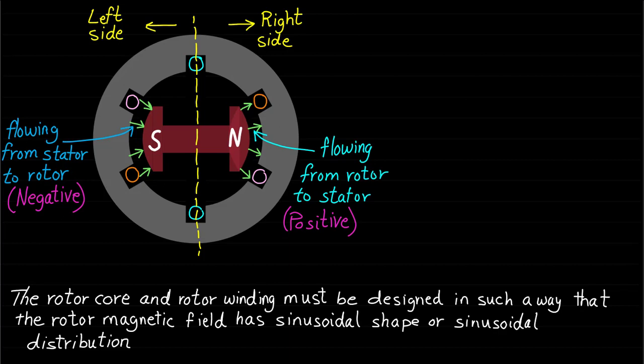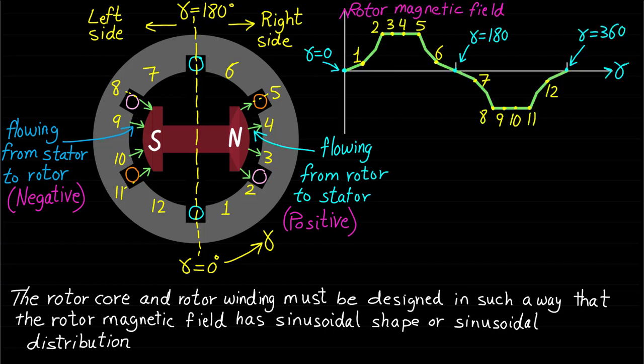Now if we measure and plot the air gap magnetic field at different points around the stator circumference starting from gamma equal to 0, we can identify that the shape or nature of the air gap magnetic field distribution is close to a trapezoidal waveform as shown.